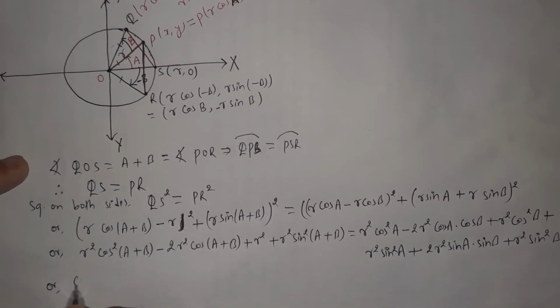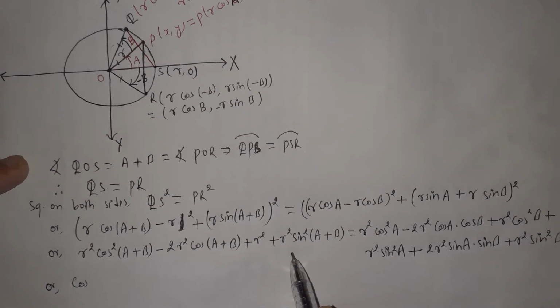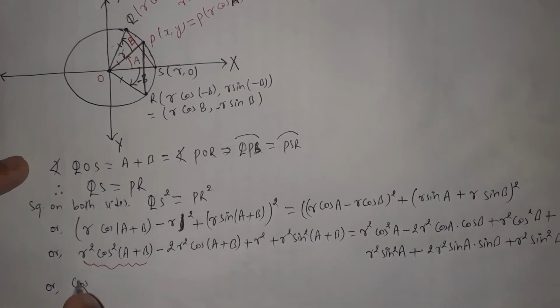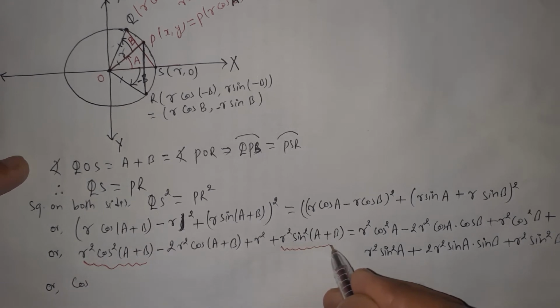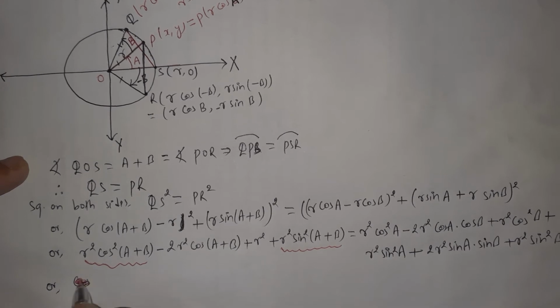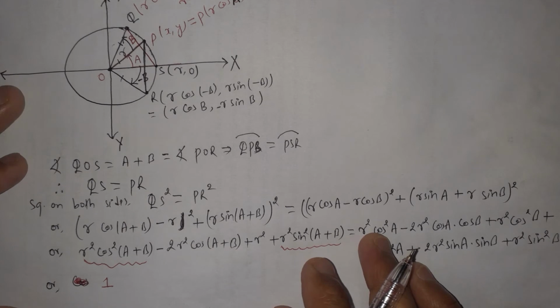After taking r squared out, we get cos squared (A plus B), a very beautiful form. With this, the first term r squared cos squared A plus B and the third term r squared sin squared A plus B give the result 1, because we know the formula sin squared theta plus cos squared theta gives 1.